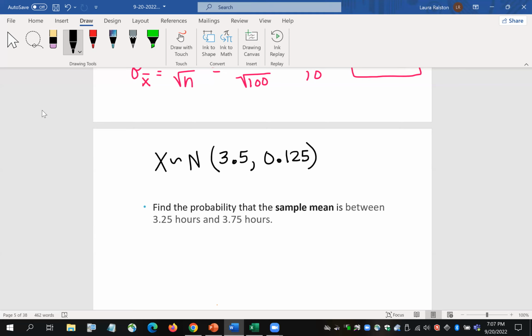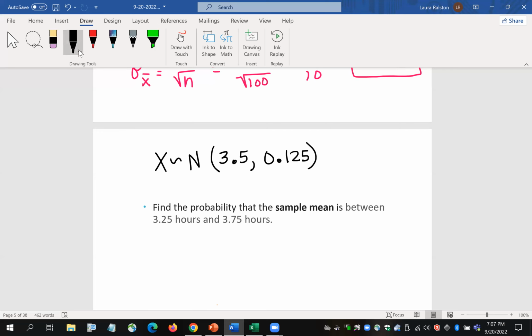That is another difference from the way the questions were worded previously. It just says find the probability that. In this case, we're thinking about it in relationship to the sample mean, and it states that. So that's another clue. Oh, I need to use the central limit theorem for the mean.